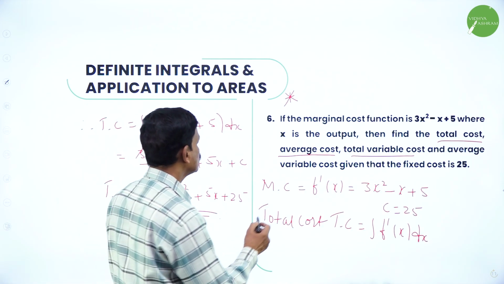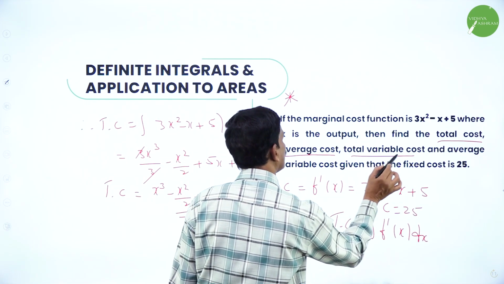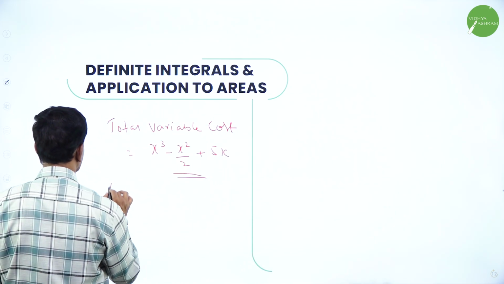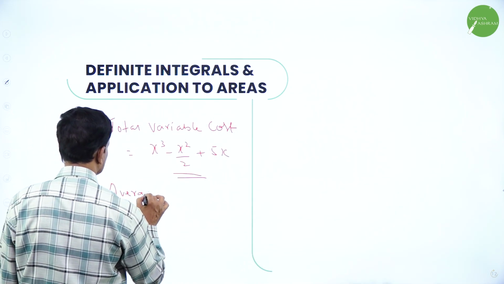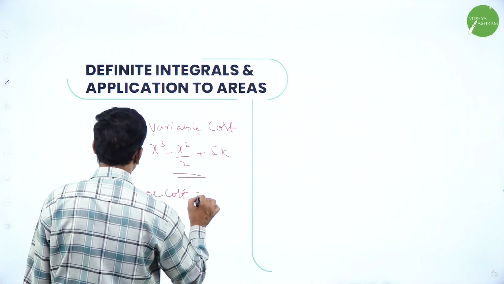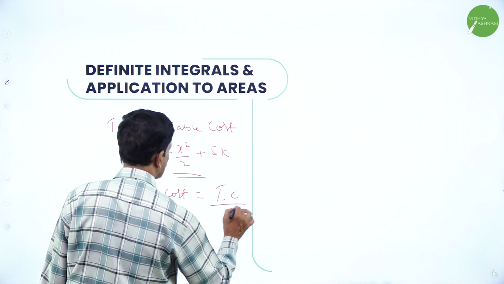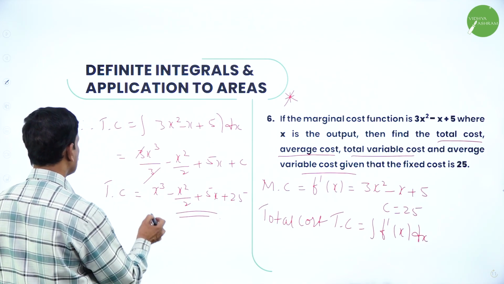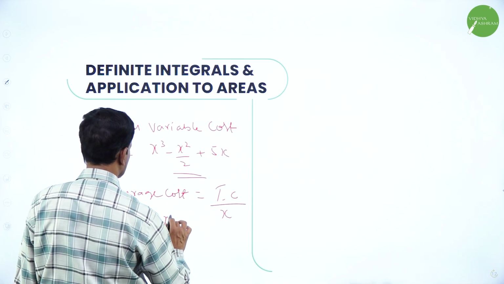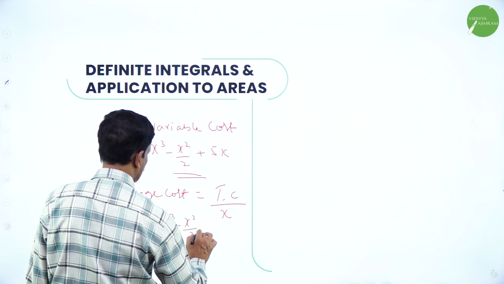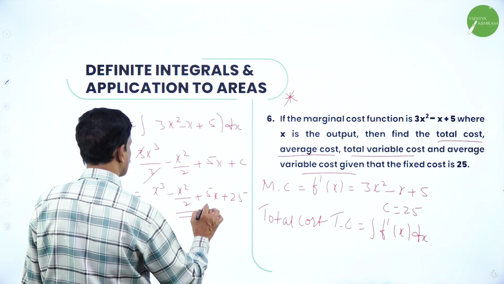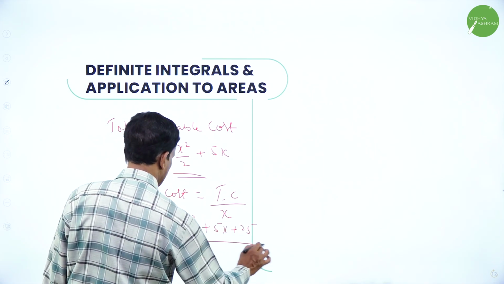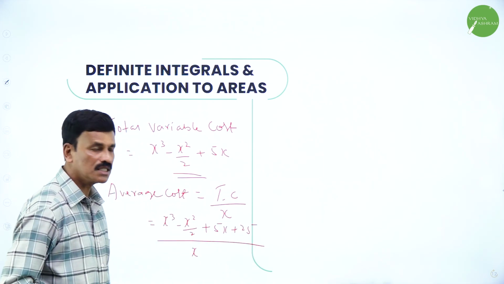Now next, find the average cost. The average cost is equal to total cost divided by x. What is the total cost? Total cost is x cube minus x square by 2 plus 5x plus 25, divided by x. Simplify this.